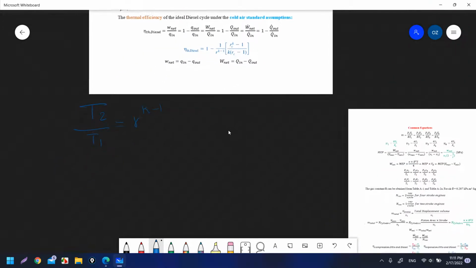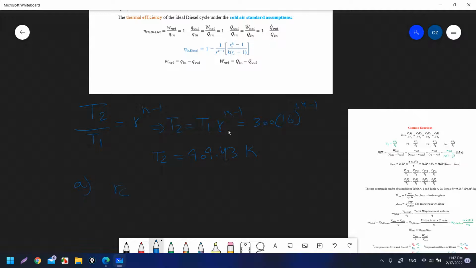I have T1 in the question, so T2 is equal to T1 R power K minus 1. T1 is 300 Kelvin, R is 16 power 1.4 minus 1. Then T2 is equal to 909.43 Kelvin.